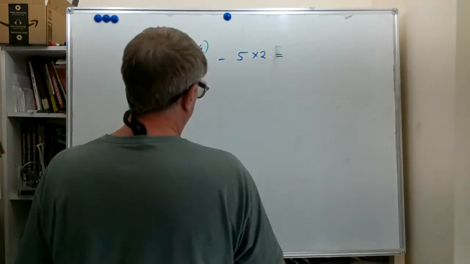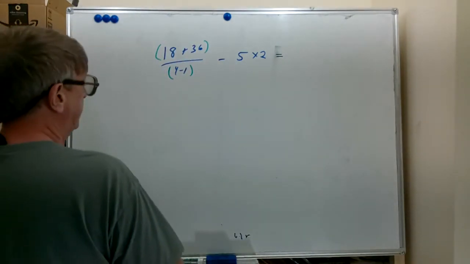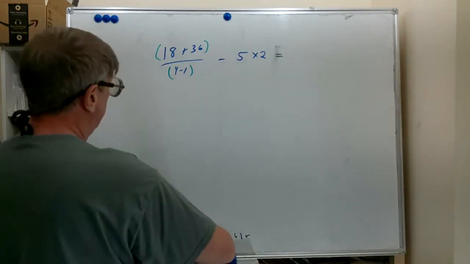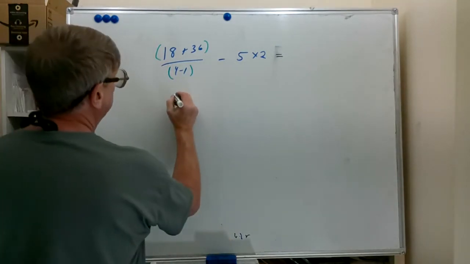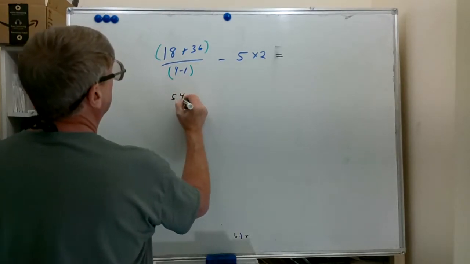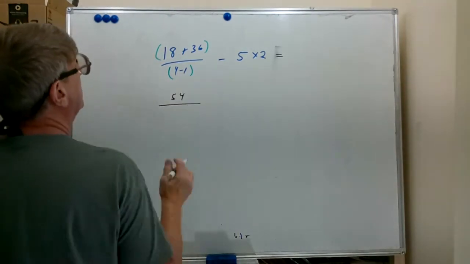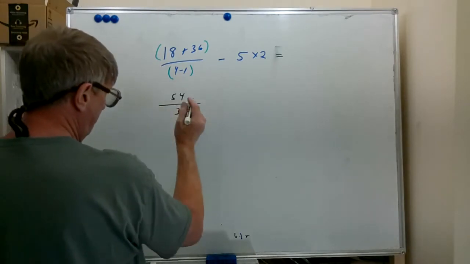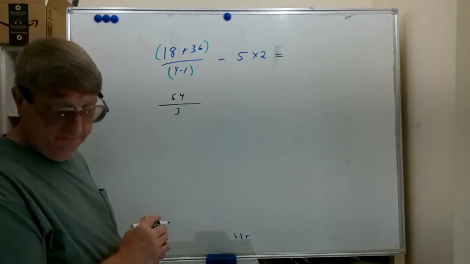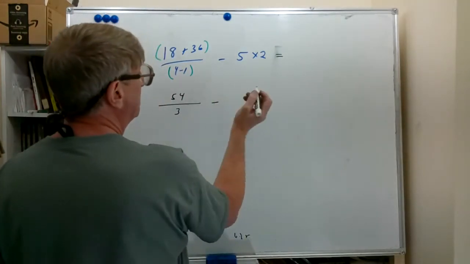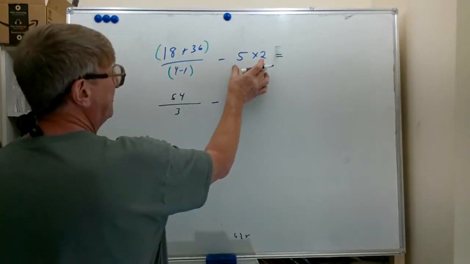So let's do our part in parentheses first. 18 plus 36, that comes to 54, right? Then do the 4 minus 1. That comes to 3. Now to do the subtraction, we're going to do the 5 times 2.